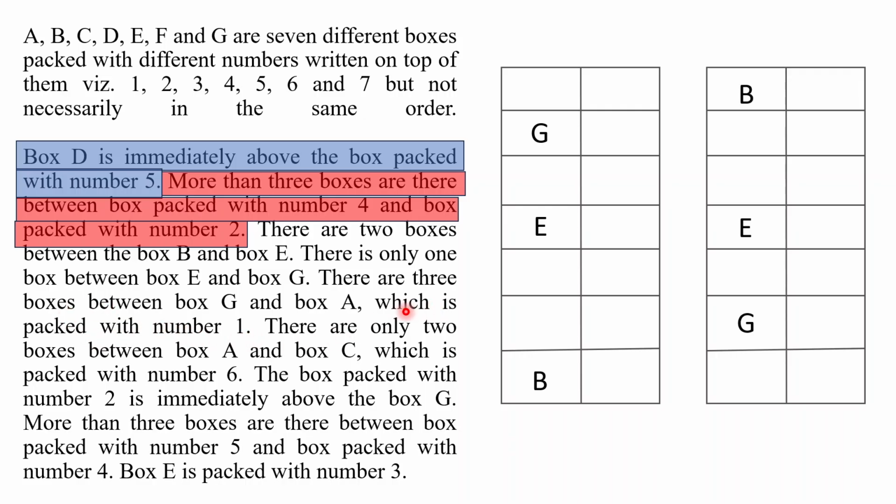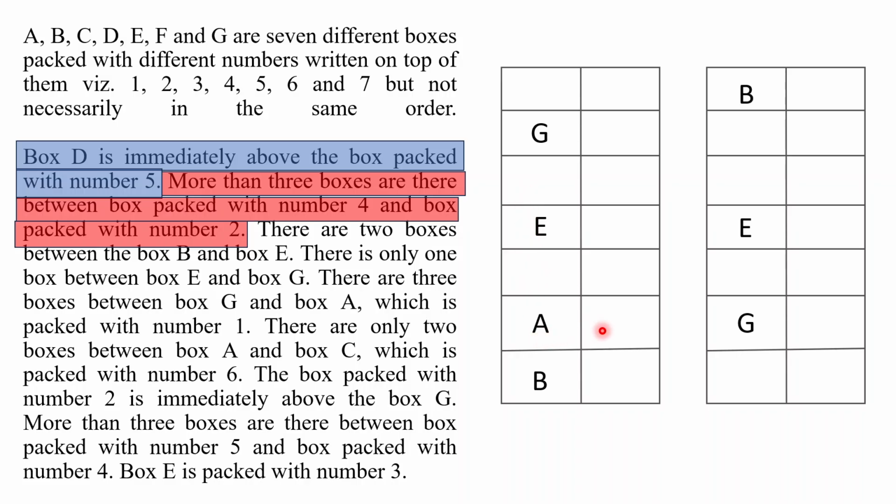So box A is packed with number 1 and there are 3 boxes between box G and box A. Okay, so in the first case we cannot place box A above G, so we will place box A below G in the first case. So there were 3 boxes between G and A. So count with me 1, 2 and 3 boxes.